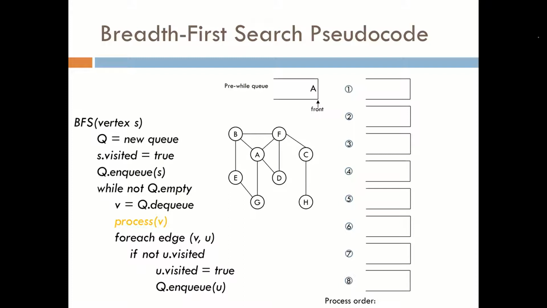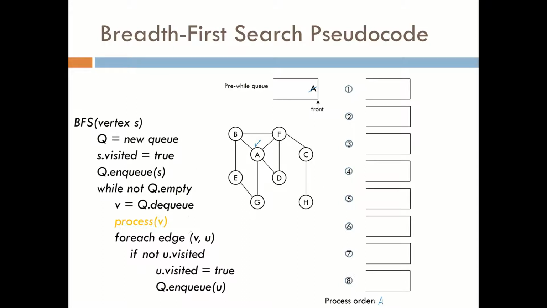And since the queue is not empty, we dequeue it and place it into a variable v, vertex v. And so we've dequeued. And so let's mark A as visited. And now we dequeue A. And then we need to process it immediately. So we dump A out to our output stream.